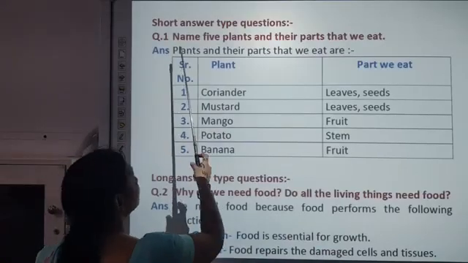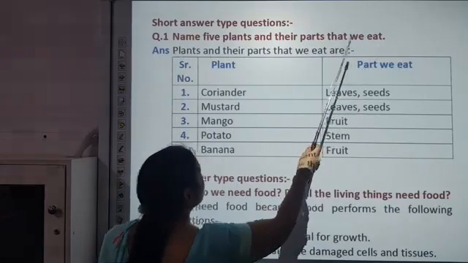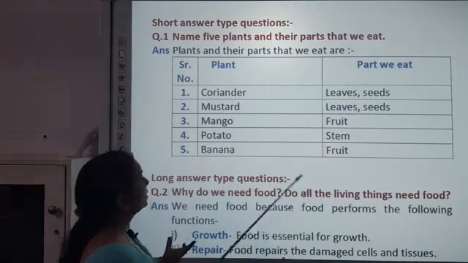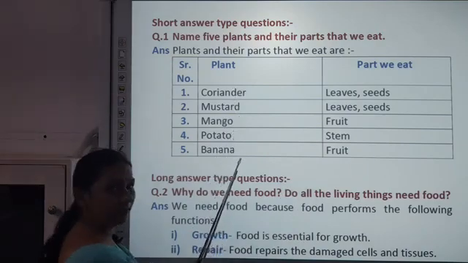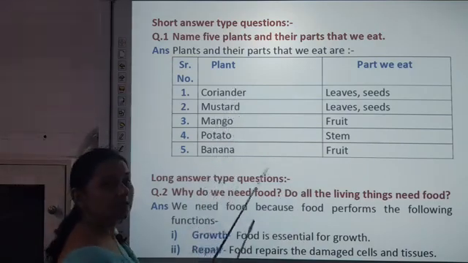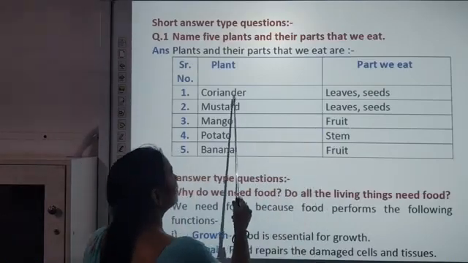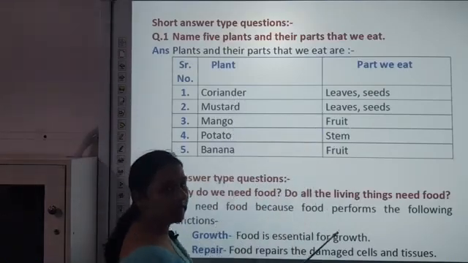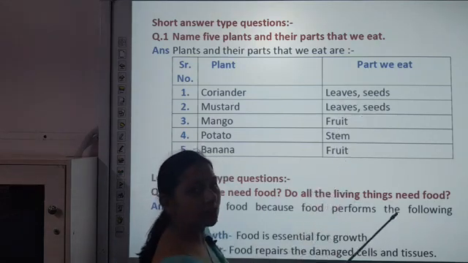Our next question, name 5 plants and their parts that we eat. Name 5 plants that we eat as food: coriander, mustard, mango, potato and banana. These are the plants that serve us with their stems or leaves. Like coriander, which is called dhania in Hindi, we have the leaves of it and the seeds are also used.